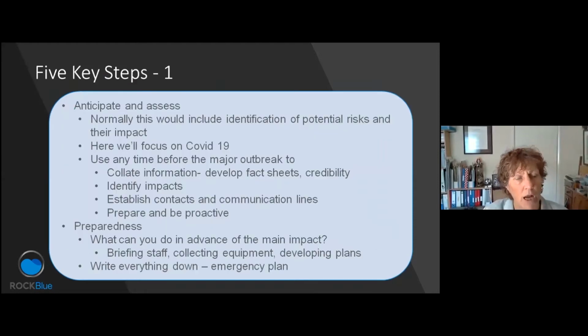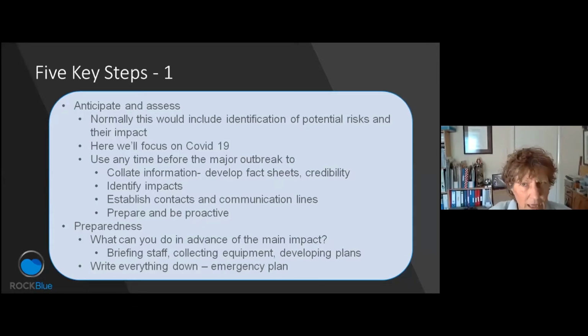So for COVID-19, what you can do to assess is collect information. For instance, what will be the impact?